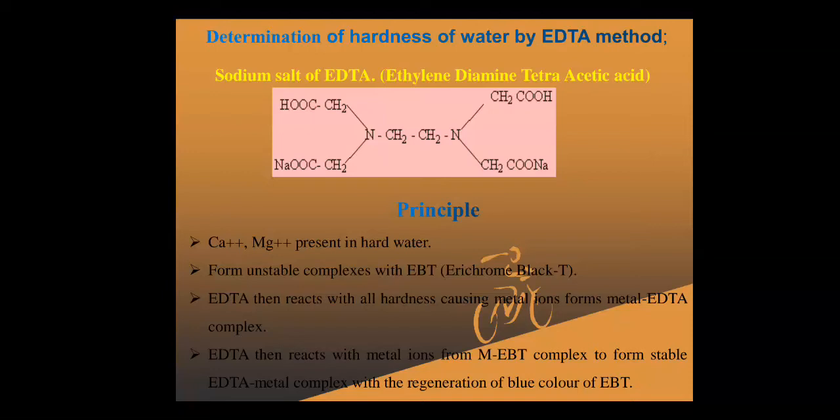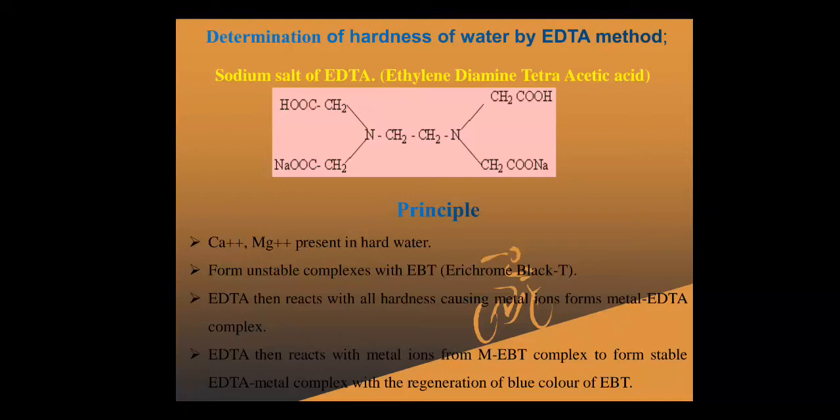Principle behind this titration: generally calcium and magnesium salts are present that cause the hardness of water, and these calcium and magnesium salts form a complex with the indicator EBT, that is Eriochrome Black T indicator, and this complex is an unstable complex.